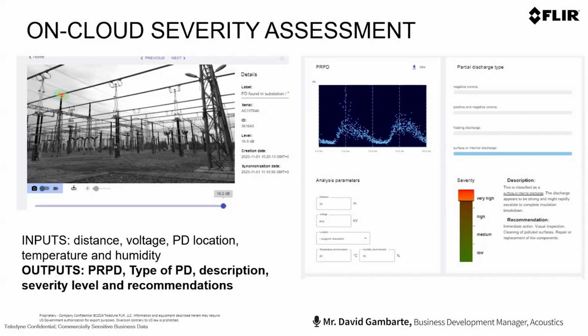We always recommend to check before doing an inspection what the temperature and the humidity level are. It's good to have it. Sometimes, for example, the sound, how is it called in English?